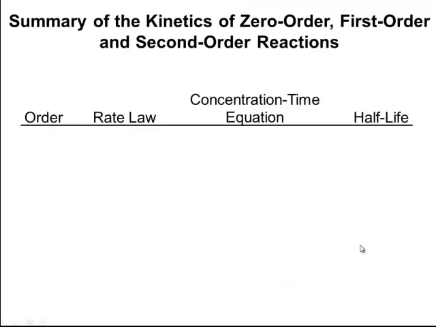So we'll summarize. If a reaction is a zero order reaction, then the rate law expression can be written as rate is equal to constant, and the integrated form of rate law expression can be written as seen out here. T half in such a case is A0 by 2K. That means the half-life is directly proportional to the initial concentration of the reactants.